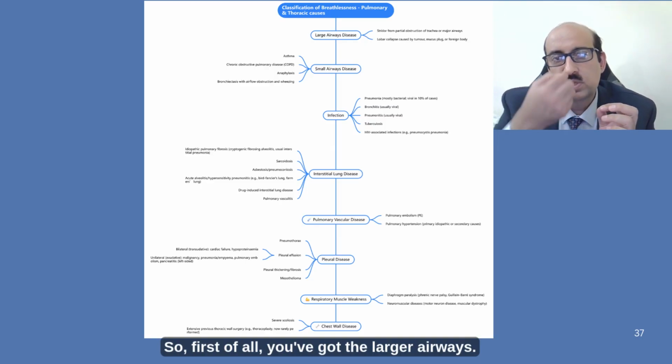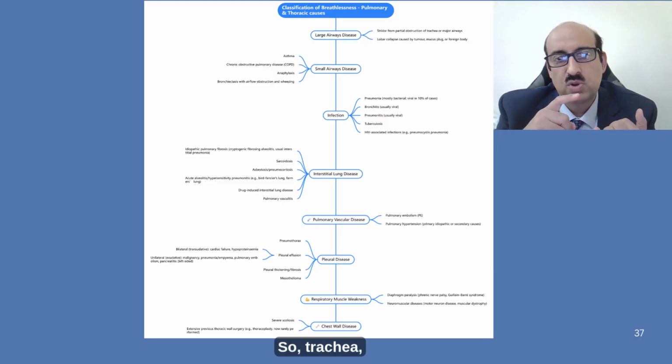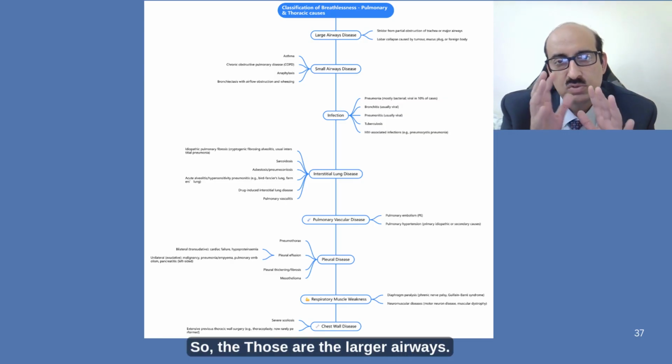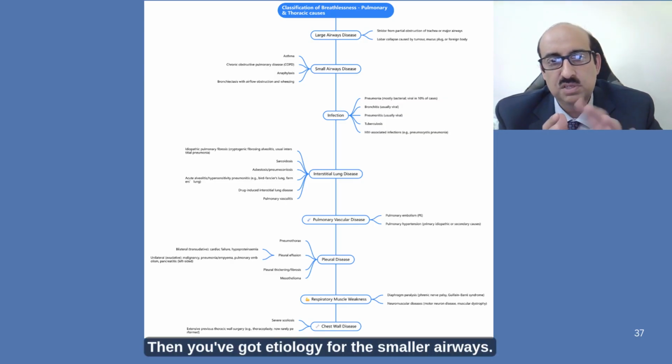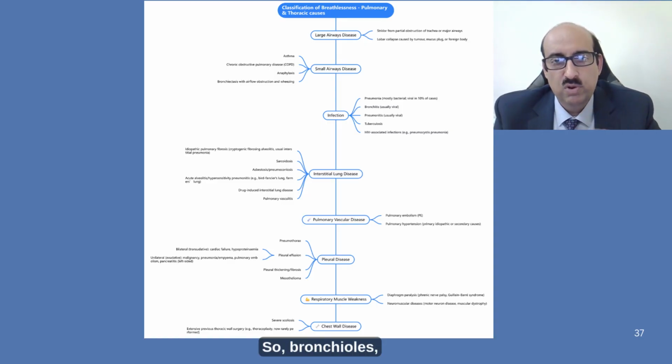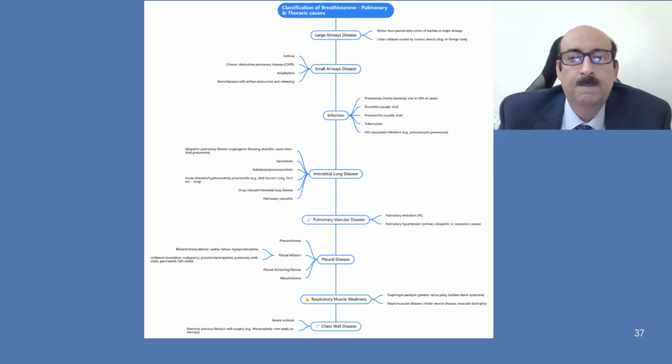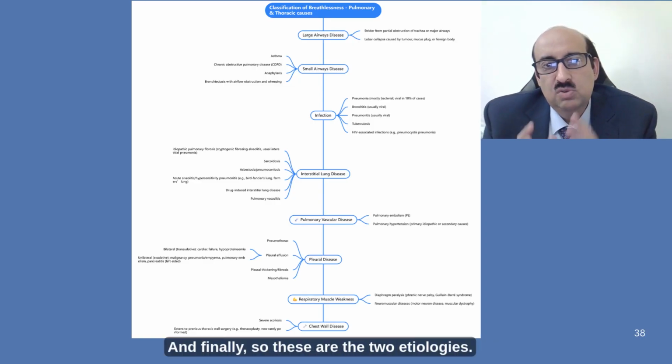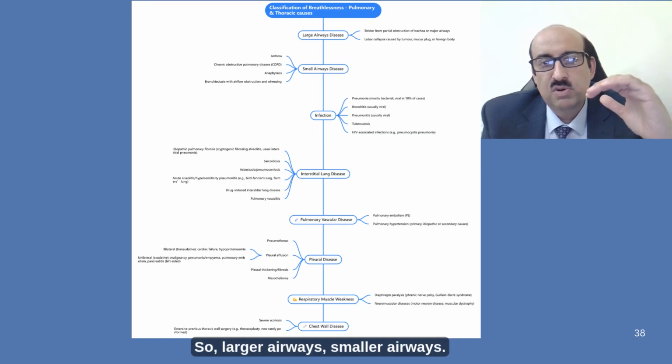So first of all, you've got the larger airways, so trachea, main bronchi. Then you've got etiology for the smaller airways, so bronchioles, segmental, subsegmental bronchioles. So these are the 2 etiologies, larger airways, smaller airways.